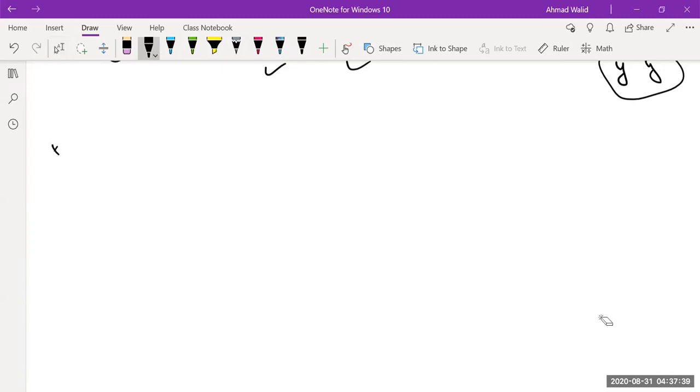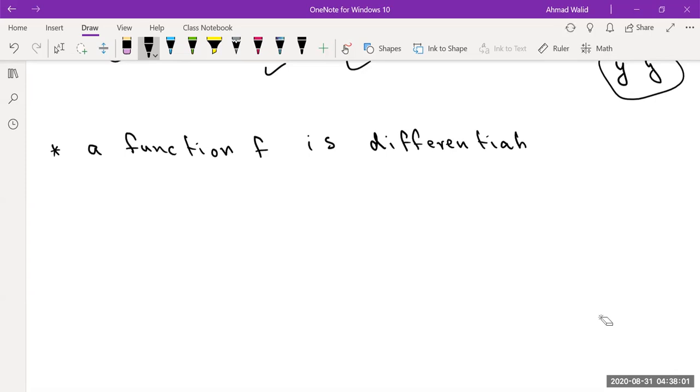Another important note: a function f is differentiable at a, or at a point a, if f prime a exists.